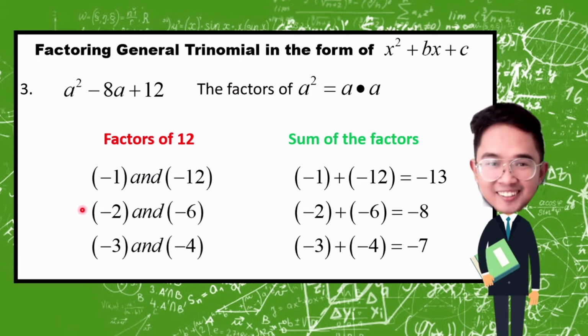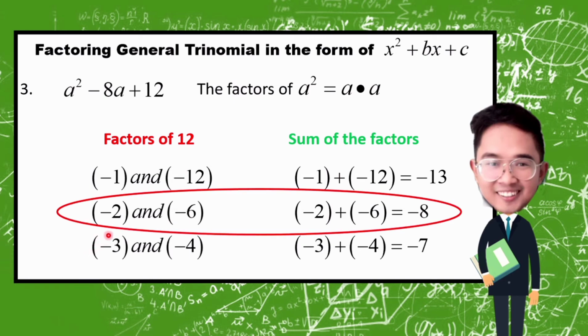We need to analyze the sign of the given for us to save time in listing the factors. And now on these factors, what are we going to use? We are going to use negative 2 and negative 6, because when we multiply negative 2 and negative 6, it will result to positive 12. And when we add these two factors, the answer will be negative 8 as your middle term.